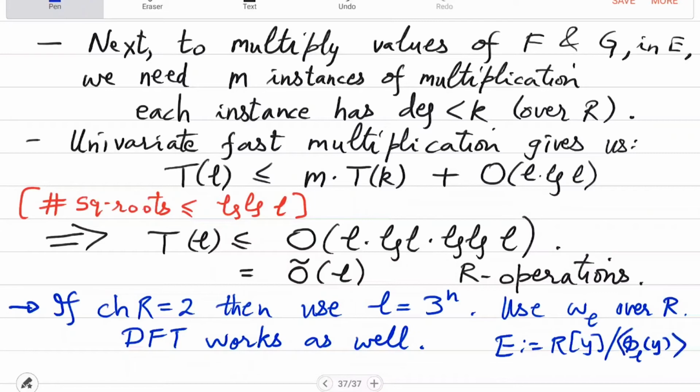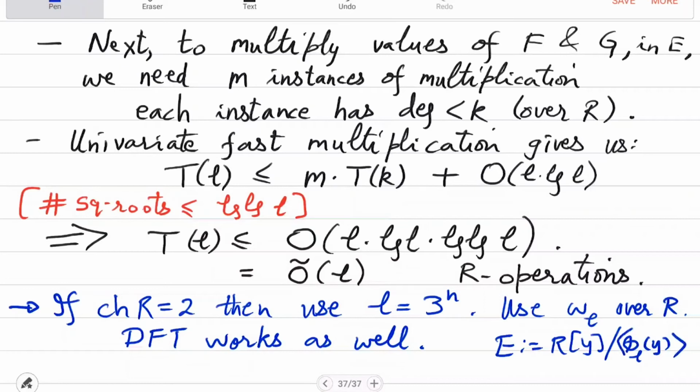So you use that polynomial, phi 3 of y, where L here is 3. Whatever L is, it doesn't matter whether it is a power of 3 or a power of 3 times a power of 5, you take the phi L function.